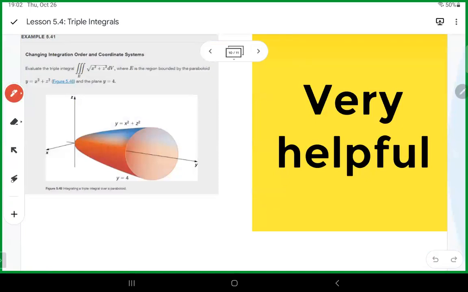Okay. So changing integration order and coordinate systems, evaluating the triple integral where E is the region bounded by the paraboloid that's given and the plane z = 4. You see it in the picture.